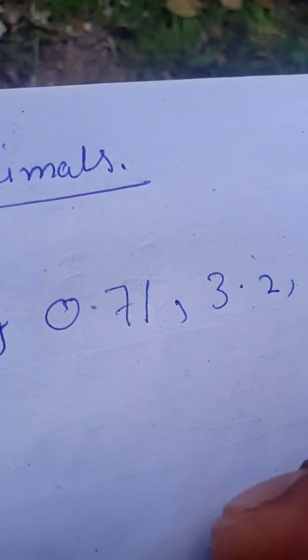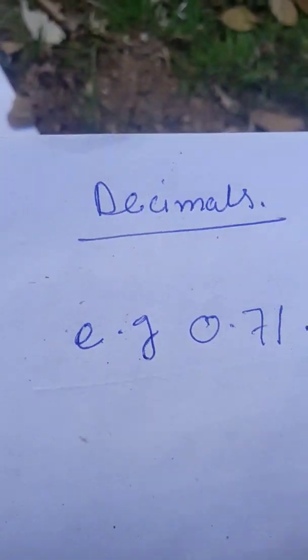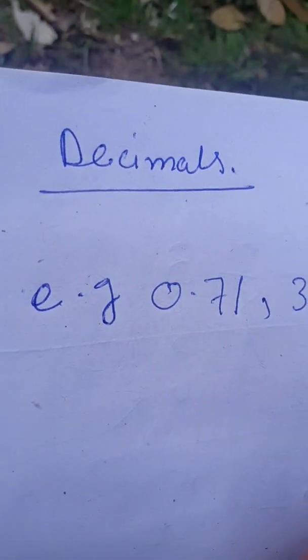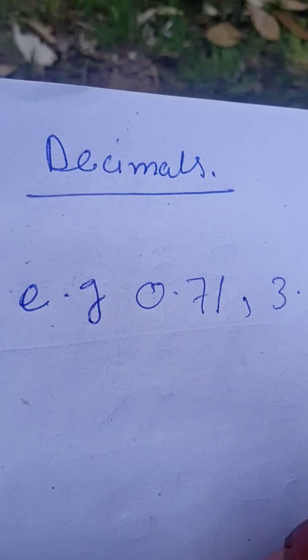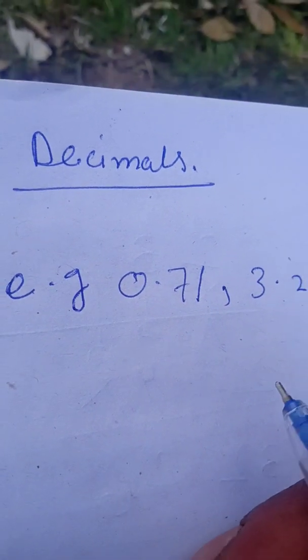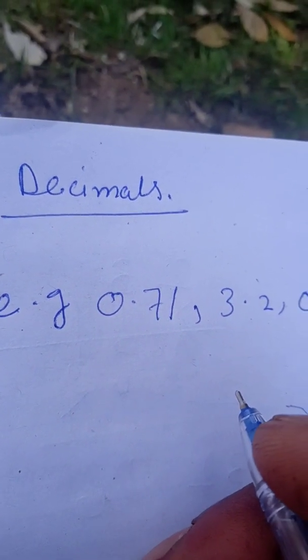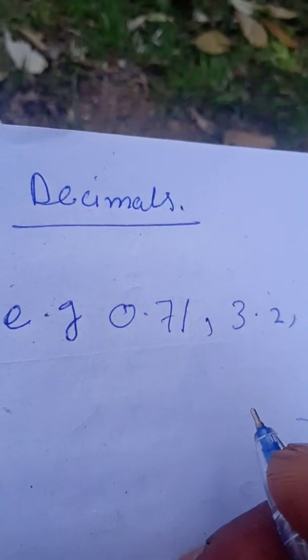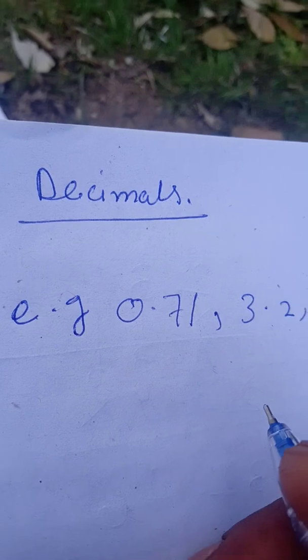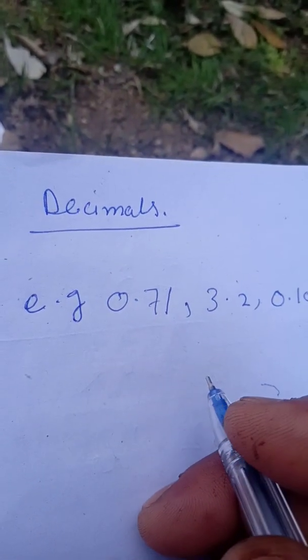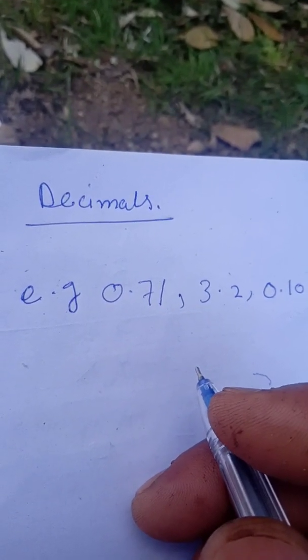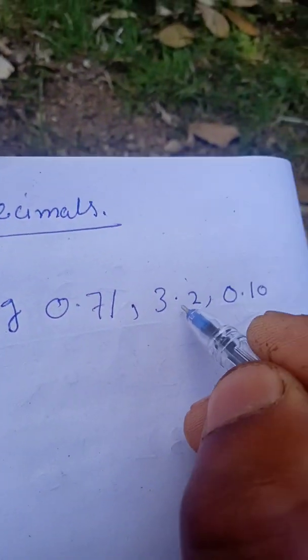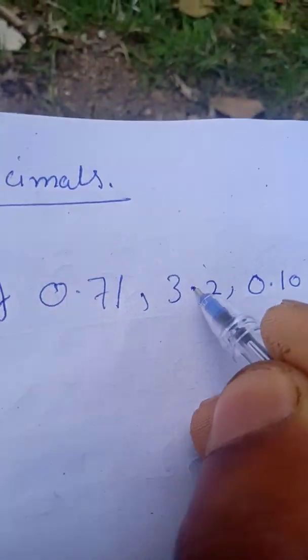Decimal numbers are divided into two parts. Students, decimal numbers are divided into two parts. First one is whole number part, and second one is decimal part. These two parts are separated by a dot. You can see this dot.